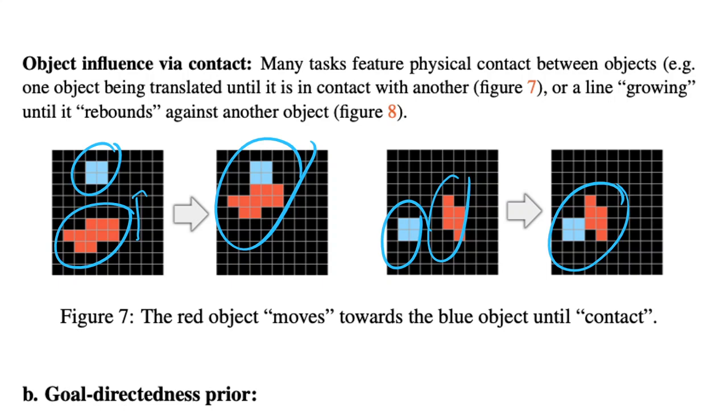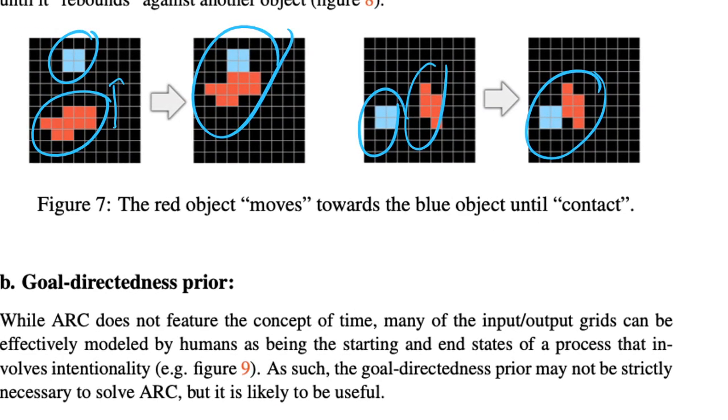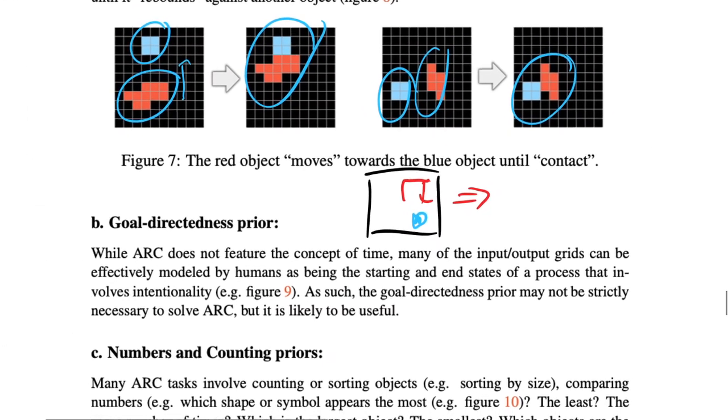Two examples, and most humans will already make that inference and can now solve it. If there now is a test example where the blue thing is down here and the red thing is here, like this, and it asks you what comes next, you know that the red thing is going down to the blue thing.